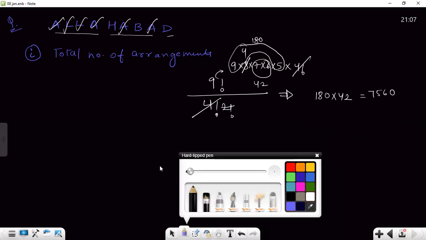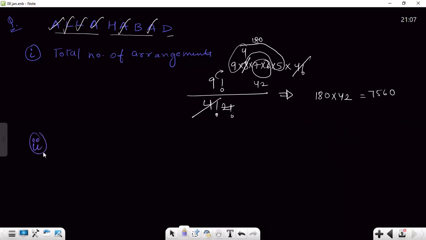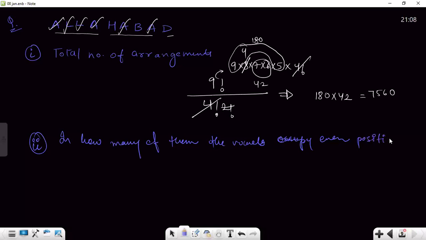Now in the second part, it is asked in how many of all the words that are found the vowels occupy even positions.